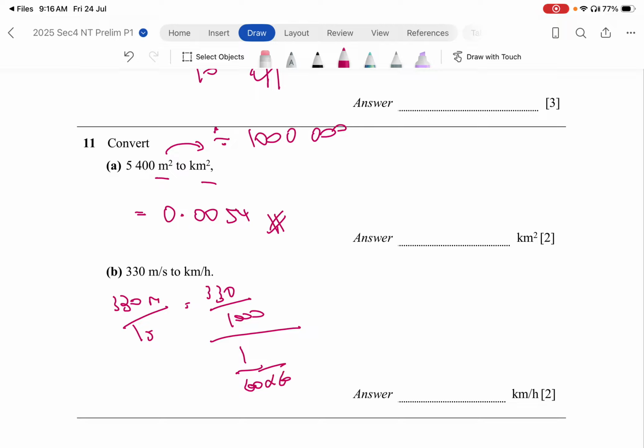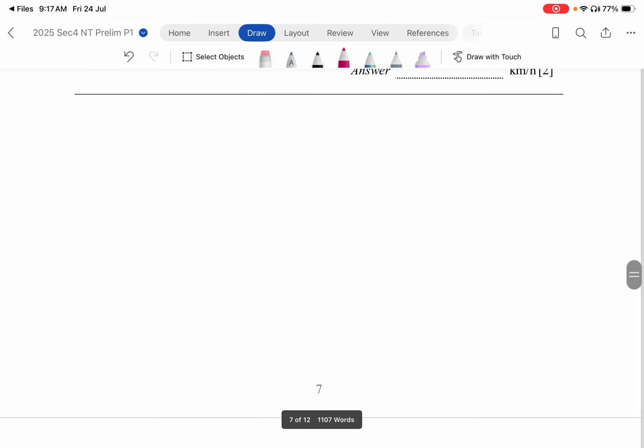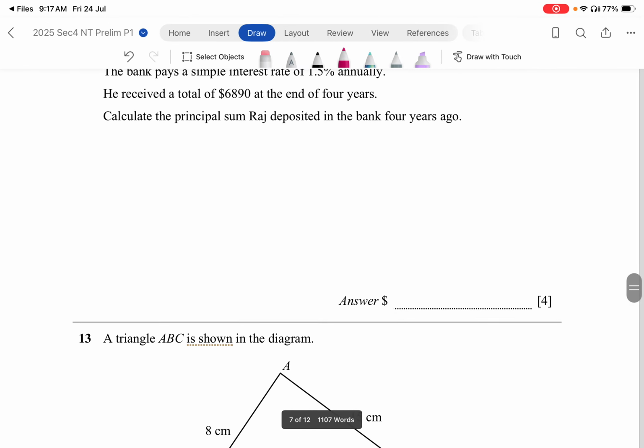Divide by 60 also. Then from there you get km per hour. This is 1188 km per hour. Okay, for this. Any part you're not sure of, you can always rewrite and watch again.